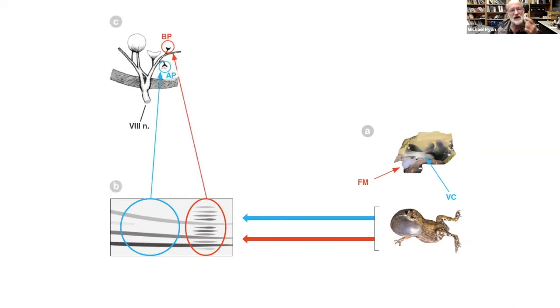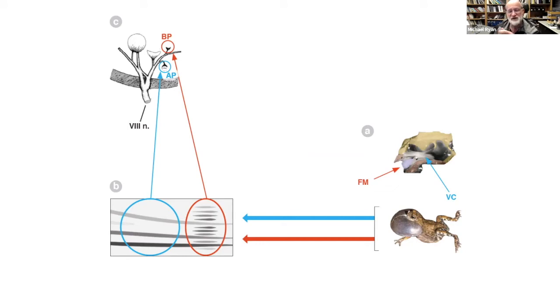Now, this modularity even continues into the inner ear. Frogs, unlike us, have two inner ear organs. We have a cochlea. They have two separate ones, the amphibian papilla and the basal papilla. The amphibian papilla is sensitive to lower frequencies. The basal papilla is sensitive to higher frequencies. This has been examined in many species, and the sensitivity of these end organs matches the frequency characteristics of the call.